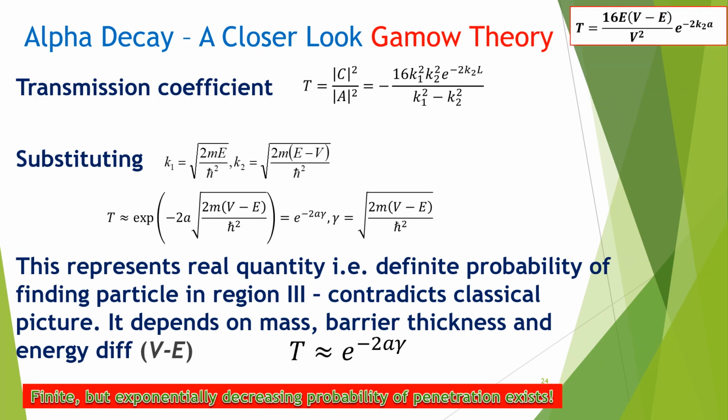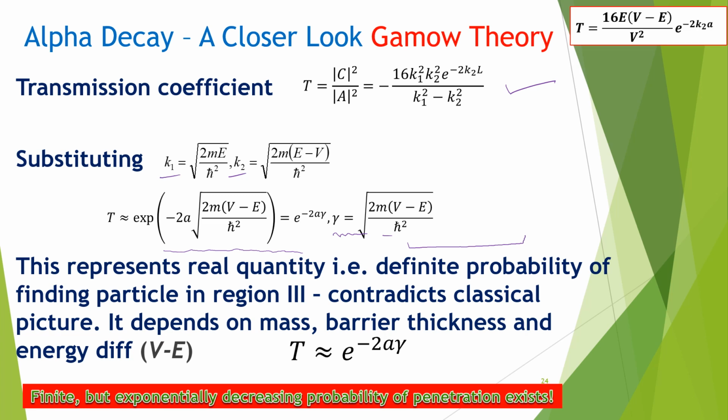So here we can substitute values of K1 and K2 that we have started with into this equation for transmission coefficient, and this transmission coefficient is appearing in this fashion. If we substitute gamma is equal to under root of 2m(V minus E) upon h cross square, we can write transmission coefficient as e to the power, that is exponential of minus 2L gamma.